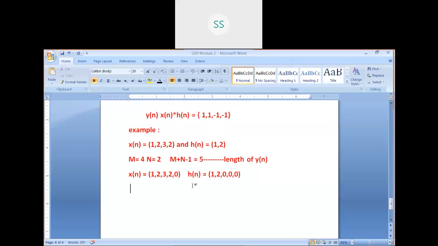Then to use your tabular method, you will have to write h of minus n. So further you can solve the problem and verify whatever result you are going to get. The length of y of n will be 5 because you have to rotate it 5 times.